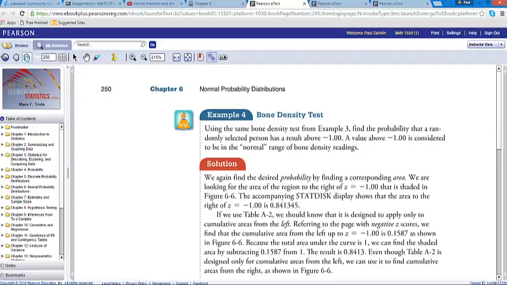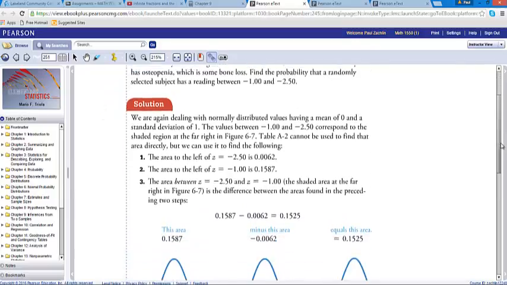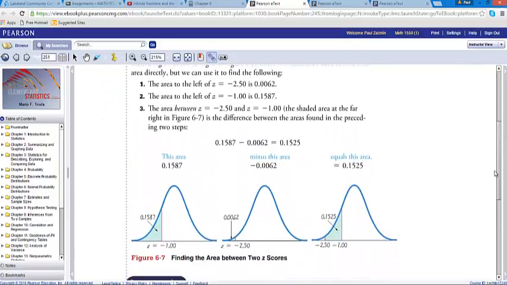So here's example 4 talking about it, and let me go to the next page, 251. A bone density test reading between -1 and -2.5 indicates the subject has osteopenia. Find the probability of that happening. And you can remember these familiar pictures, and we talked about how 15% of the tests, or 15.25%, will end up in that region.